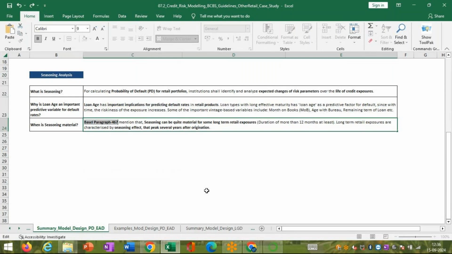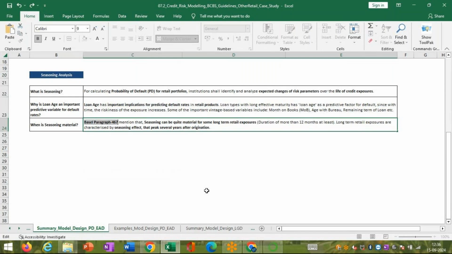Now the next question that comes out over here is, how is the seasoning curve constructed?